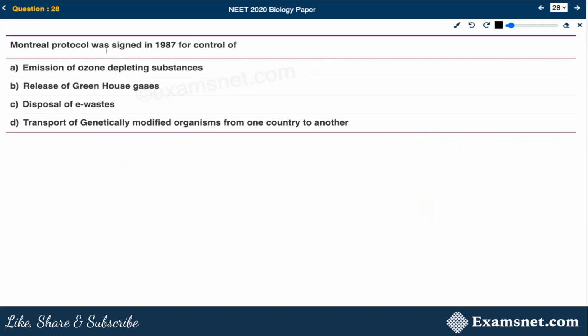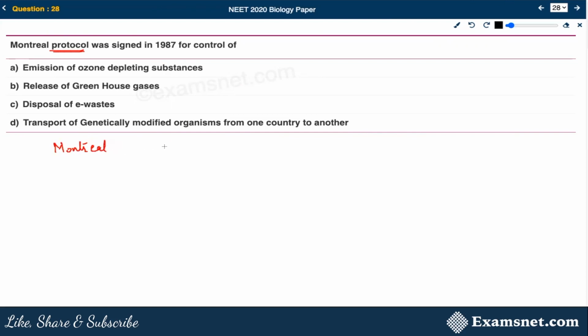It has been signed for the control of the emission of ozone depleting substances. However, it came into force on 1st January 1989.